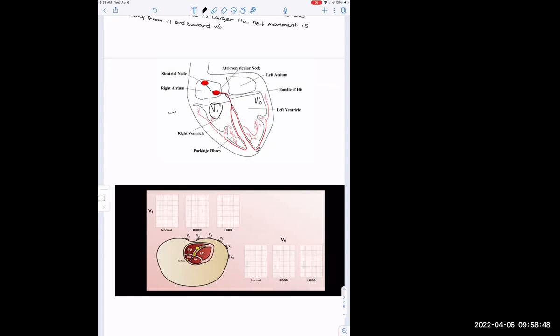Okay, and that is what is known as ventricular synchrony. Okay, and that is very important.